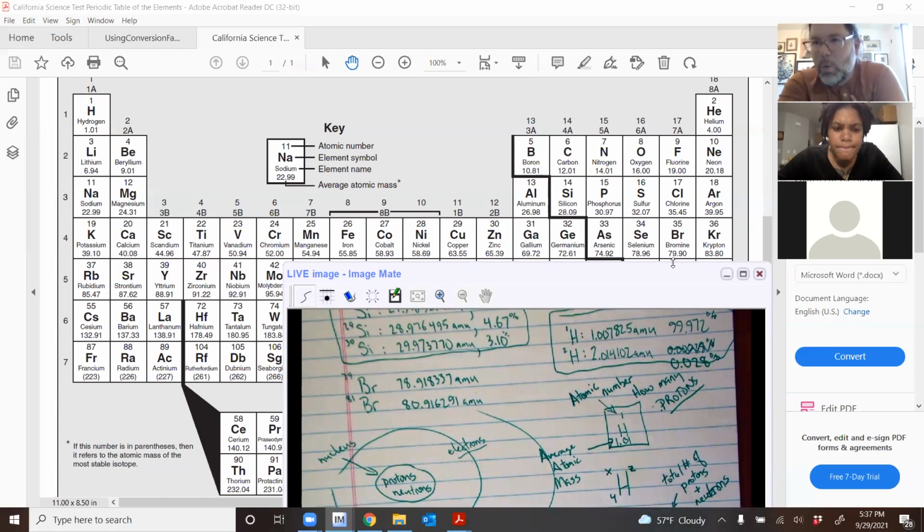So what percentage of our bromines are bromine 79s and what percentage are bromine 81s? See if you can do that by using that formula that's very like the weighted average formula, to calculate what percentage of each one of our bromine isotopes we would have.